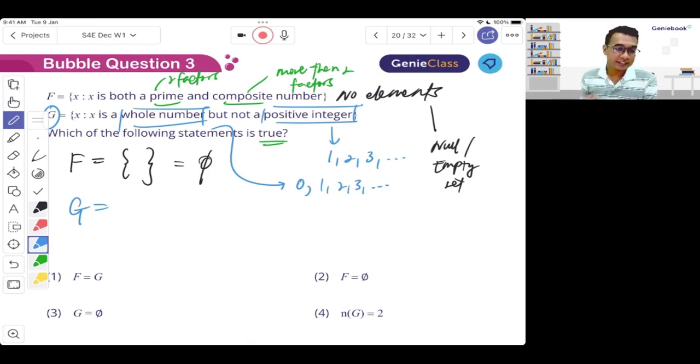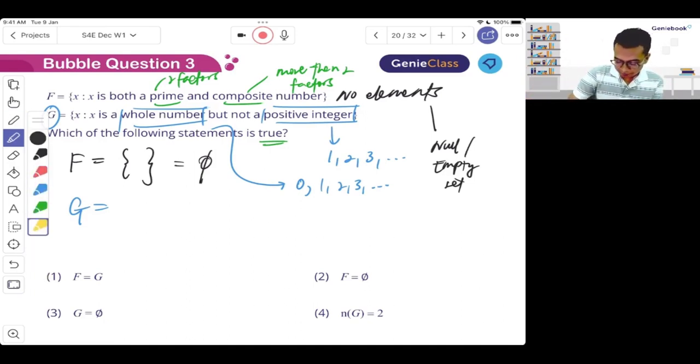Okay, so this is just a definition thing, which a lot of students often miss out. So I want to take this time to emphasize once again that whole numbers, you start from zero, followed by one, followed by two, and so on. And then for positive integers, you start from one, followed by two, followed by three, and so on. So the odd one out here is zero. Zero is indeed a whole number, but not a positive integer.